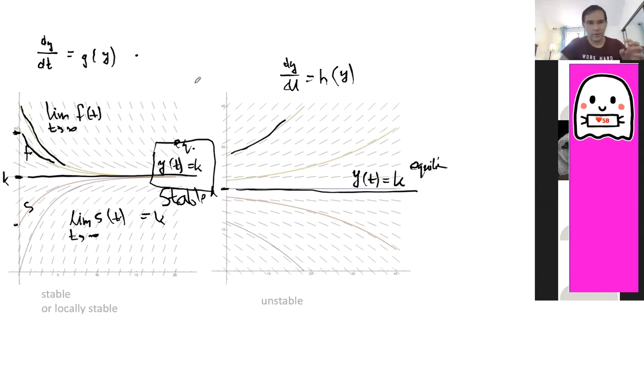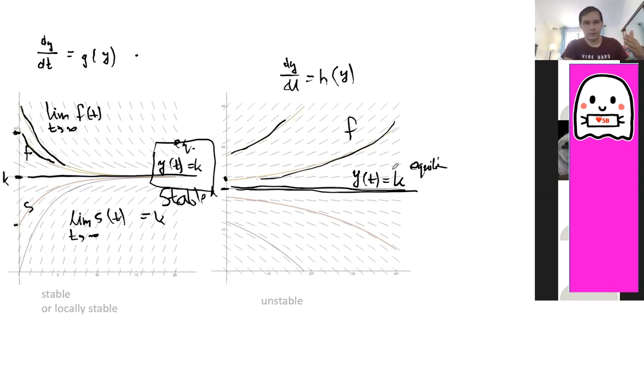On the other hand, we have the opposite situation, so to say, on the right-hand side. If this is an equilibrium solution, the constant function that is a solution to this differential equation, then notice one thing. When you take a different initial condition, maybe this is 7, and look at this function, call this function f, for example, if you compute the limit of this function, you won't get the number k. The function will be going away from this equilibrium solution.